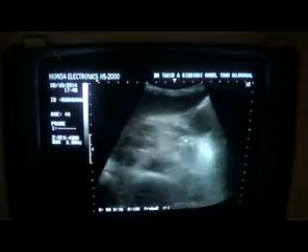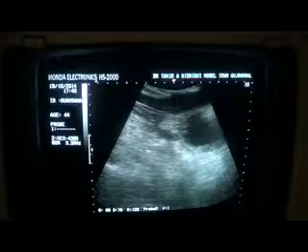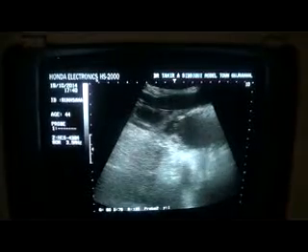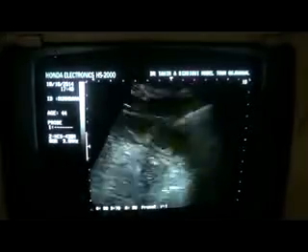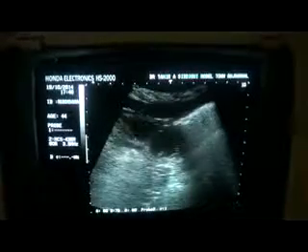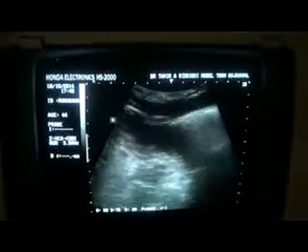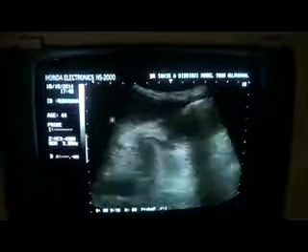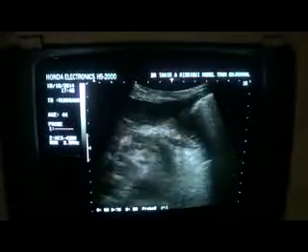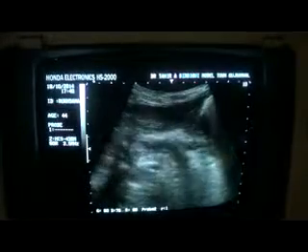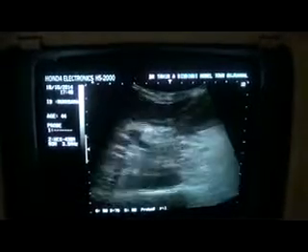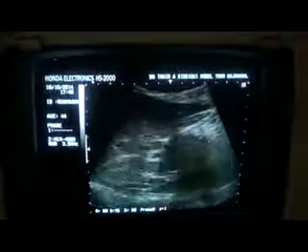The bowels in this region are seen mildly dilated. This is the stomach, and this is the antrum of the stomach. No adenopathy is seen in any other region.